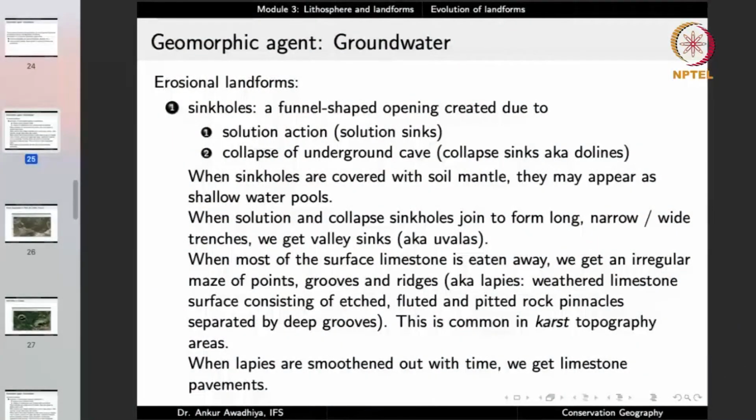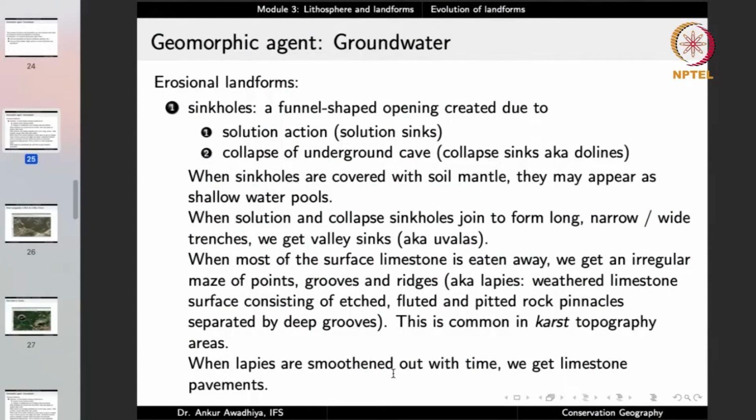With continuous loss of material, you will have a situation where this whole landform is slowly getting degraded and it is getting taken away. And this is known as a karst topography. Now, a karst topography looks like an area that is extremely degraded. So you will not find a plain area, you will find this area all full of holes, all full of streams which are sinking anywhere out of nowhere, and it will look like a very rotten area.